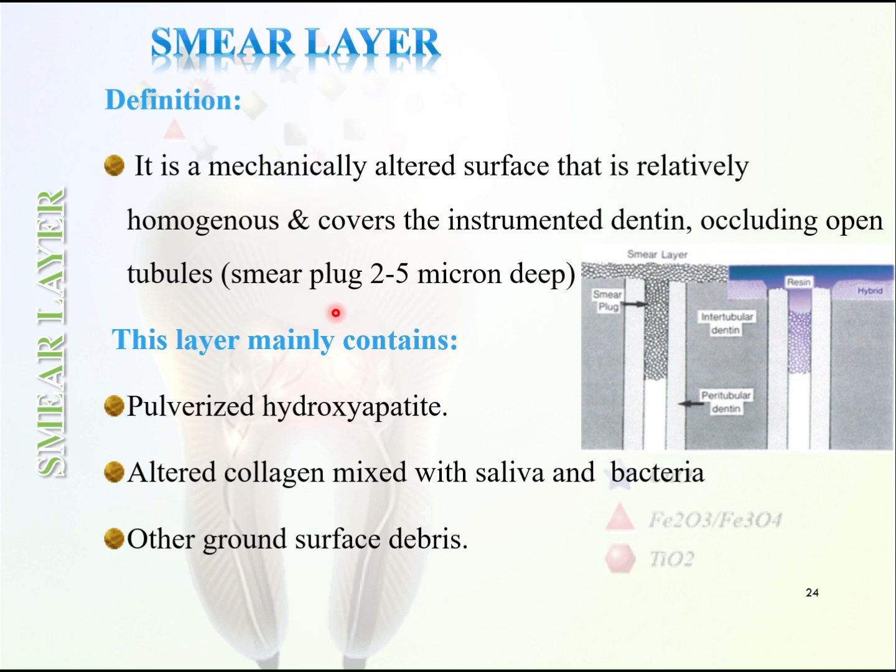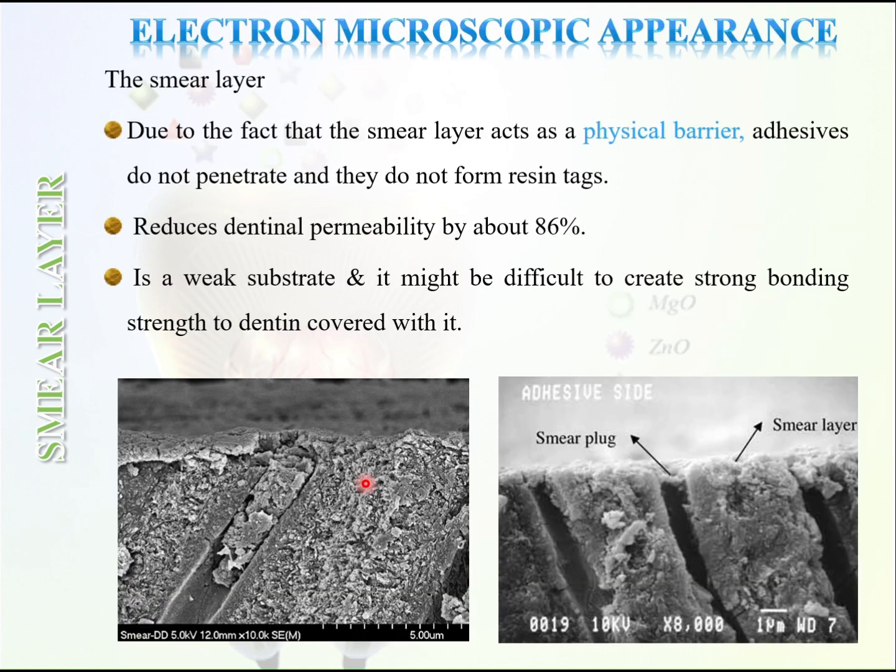It is called a smear plug. It is 2 to 5 micron deep. This layer contains pulverized hydroxyapatite, altered collagen mixed with saliva and bacteria, and other ground surface debris.